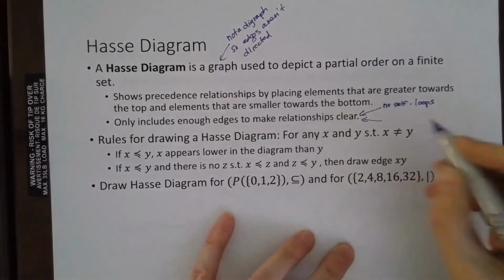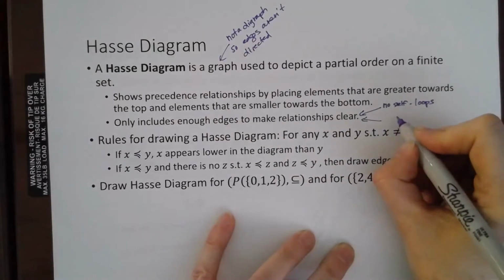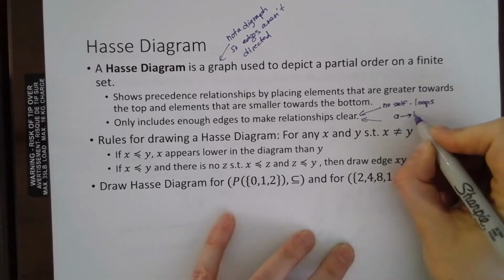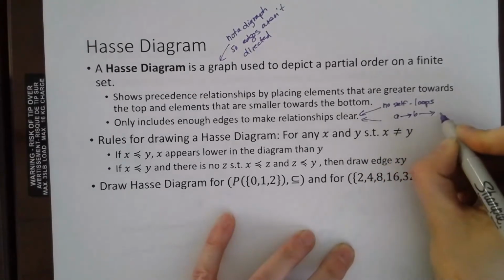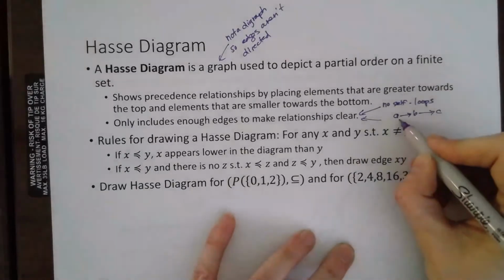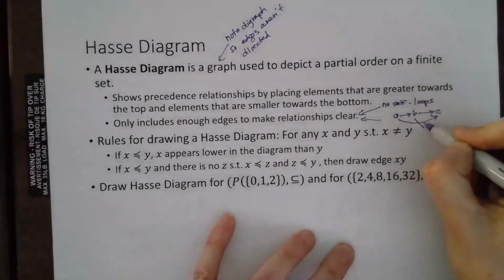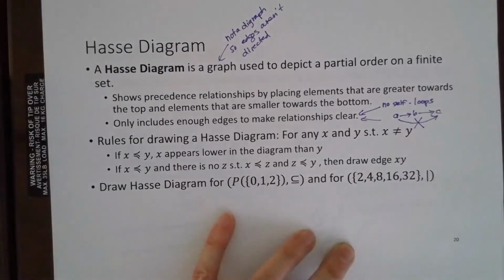And then if we have something where A is related to B and B is related to C, well, because it's transitive, we get this extra edge in here, and we'll take all of those out. All of the ones that are in there because of transitivity, we'll take the extra ones out.